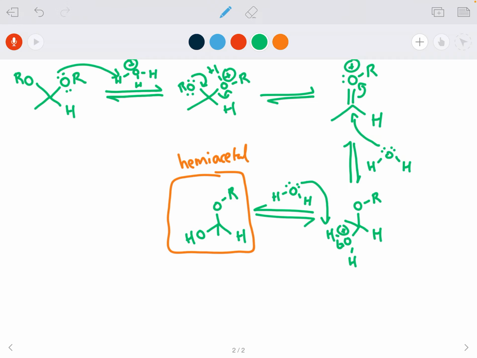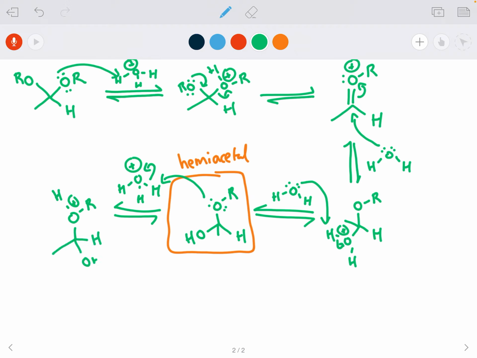So what we need to do now is get rid of this OR group, because our ketone obviously doesn't have an R group bound to the oxygen. So we need to protonate that oxygen. We'll protonate with H3O+ to make a good leaving group now.